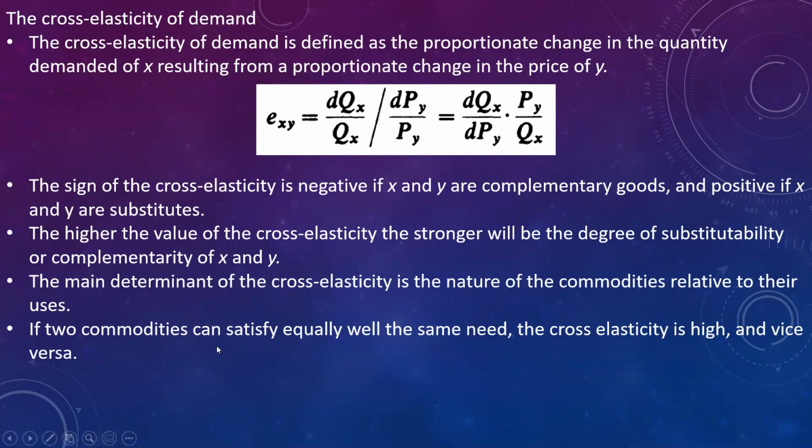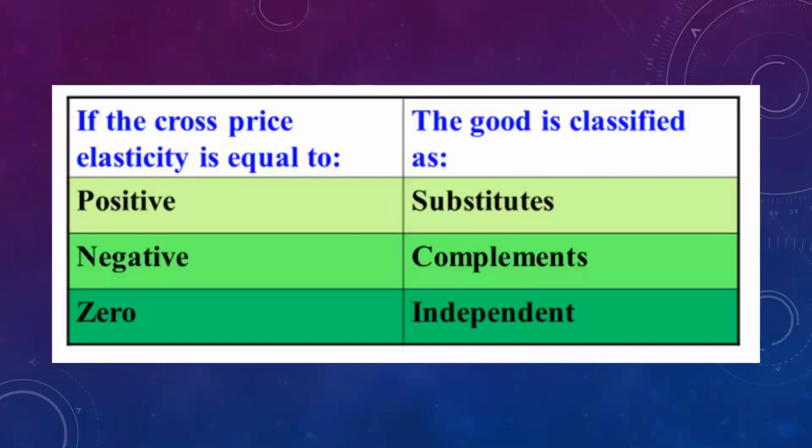If two commodities can satisfy the same need equally, the cross elasticity is high, and vice versa. Here I have given it in tabular form: if the cross price elasticity is positive, then the goods are substitutes. If it is negative, they are complements, and if it is equal to 0, then they are independent.